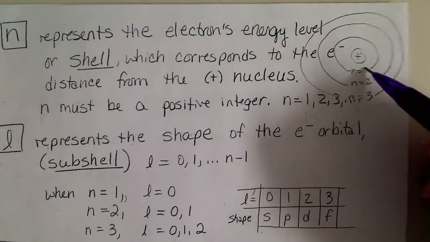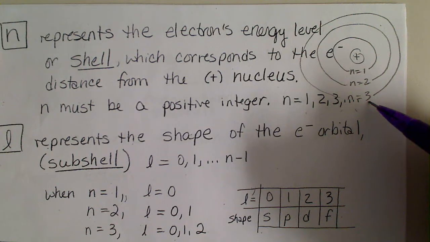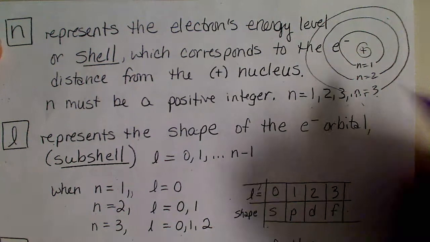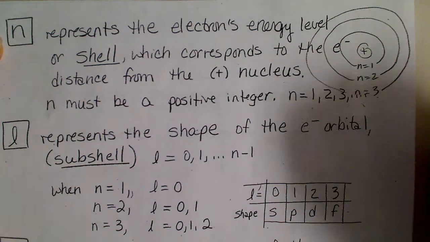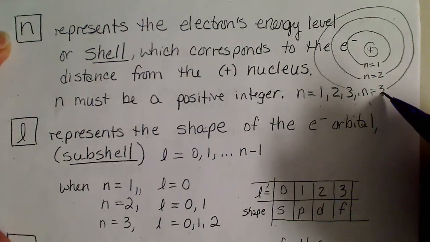So N equals 1 is closest to the nucleus, and then 2 and 3. That is the principal quantum number N. It describes how far away an electron is from the nucleus, or its energy value. The higher the N value, the higher the electron's energy is.